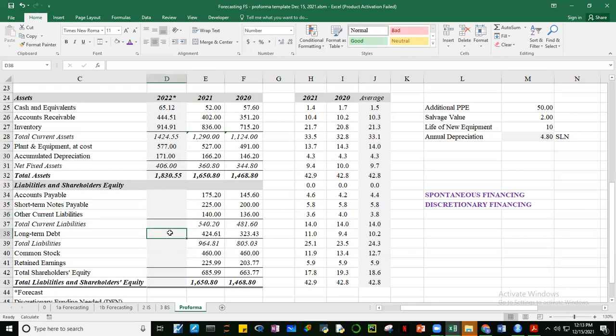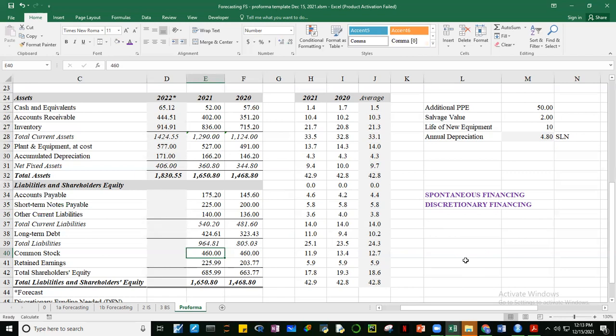Long-term debt, guys, definitely hindi spontaneous yan. Discretionary financing yan. Common stock, guys, discretionary yan. So yung mga interest-bearing, long-term debt, yung mga bonds, common stock, these are not spontaneous financing. These are discretionary financing.